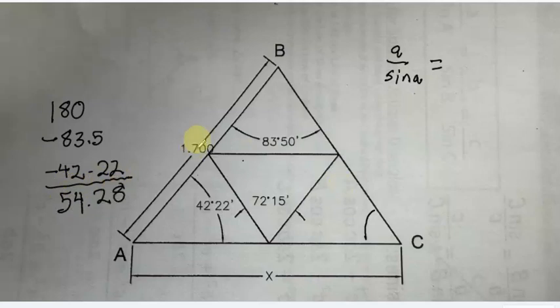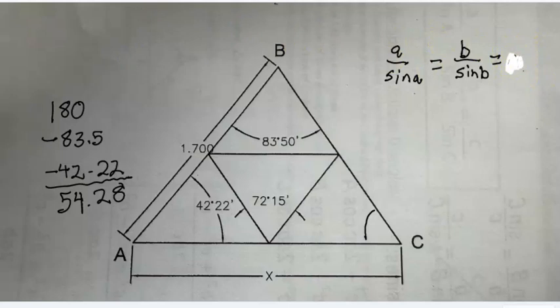Okay. Because we always have to use sides opposite the angles, sides opposite the angles, sides opposite the angles. So we're going to use AB over the sine of B is equal to C. Oops. Let me erase that. There we go.